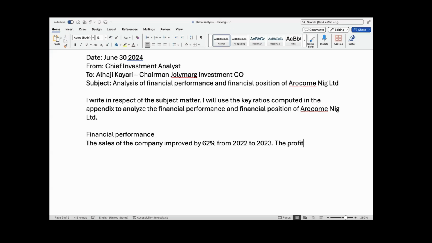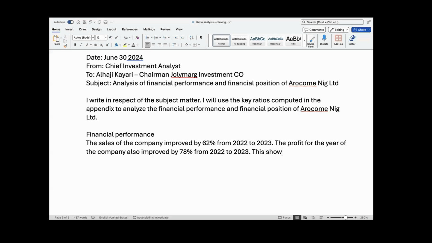I also say the profit for the year of the company also improved by this 78% from 2022 to 2023. I will say that. Then what does this show?